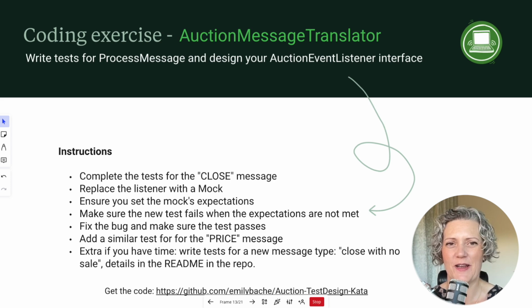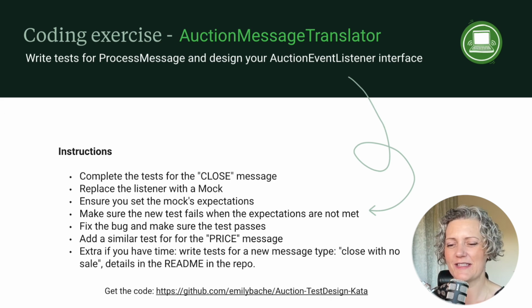Okay, so I hope you're now equipped to go and try this for yourselves. You've got the code. Hopefully you can split into small groups to work on this. And there are instructions here on this frame. Basically, you're going to do the same as I did, complete the test for the close message, use a mock. You can use a mocking framework if you'd like, if you're familiar with those, or do it by hand like I did. But be sure to set expectations on the mock and use that to help you to design the interface.